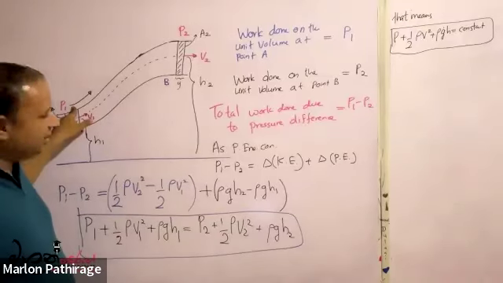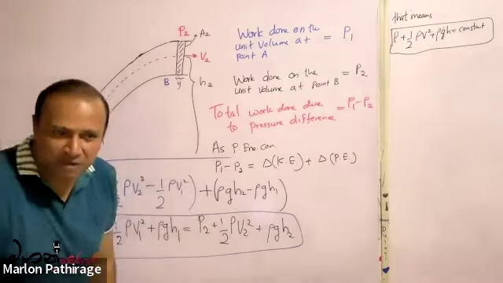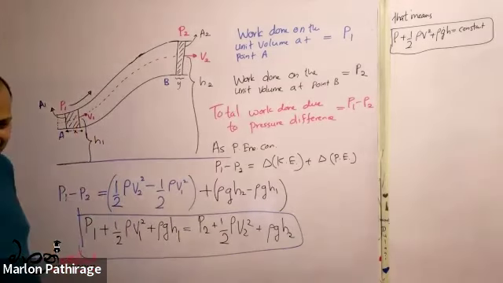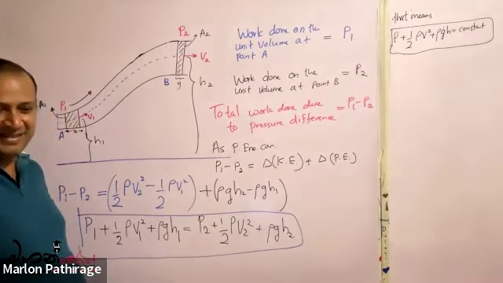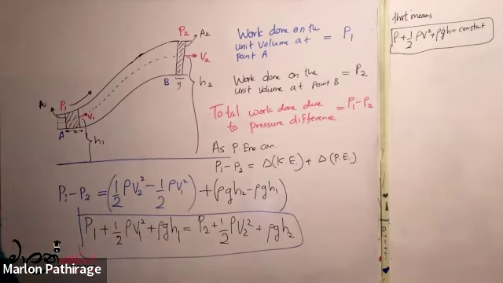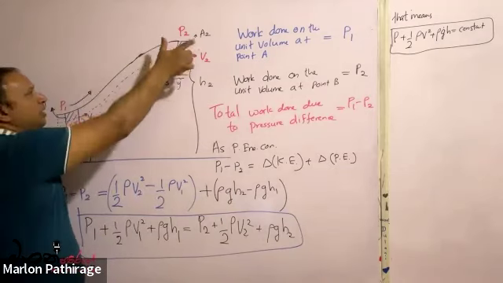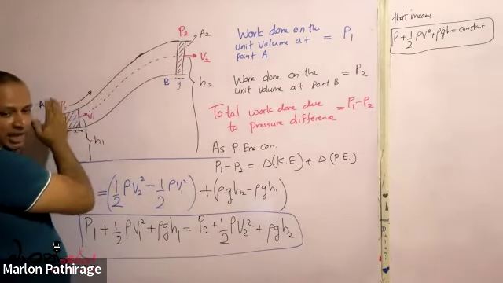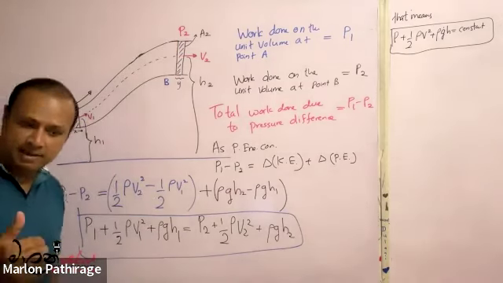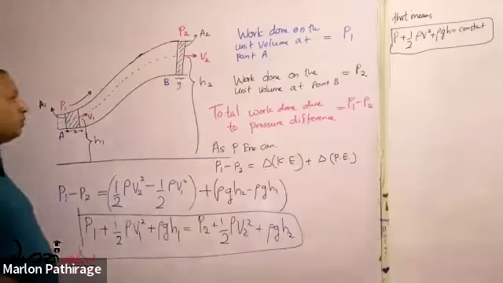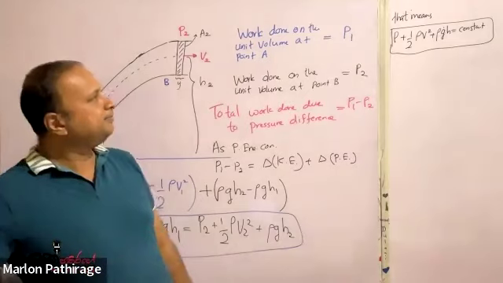Therefore, work done by the pressure is equal to P1 minus P2, okay, not P2 minus P1, because this fluid flows from here to here. Here to here means pressure should be higher at that point and lower at that point. Therefore, work done by the pressure is equal to P1 minus P2. Higher point to lower point.